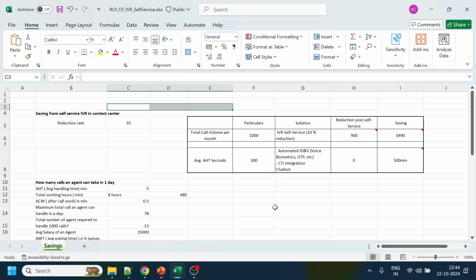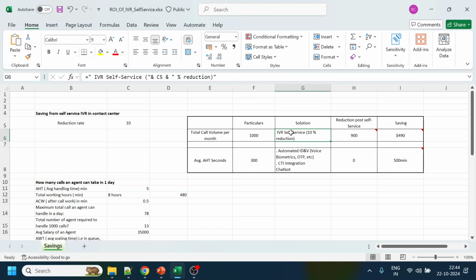Okay, so what I have done is created a scenario where, let's say, there is a company. Let's name it Read the Manual. It gets around 1,000 calls in a month, a very small company.